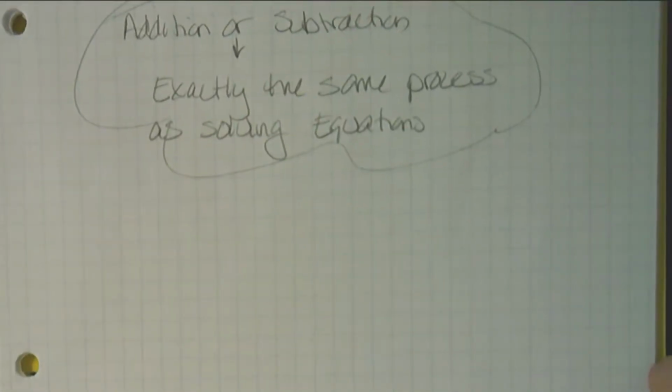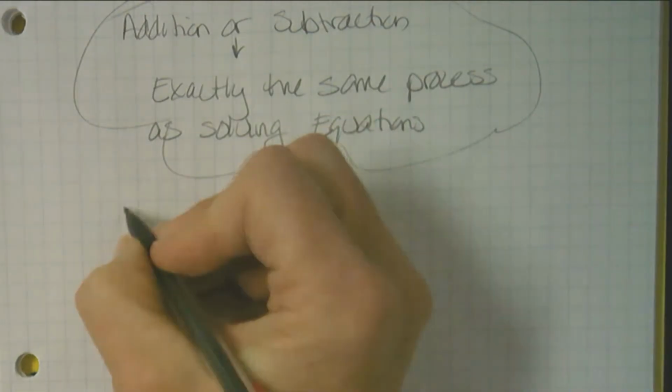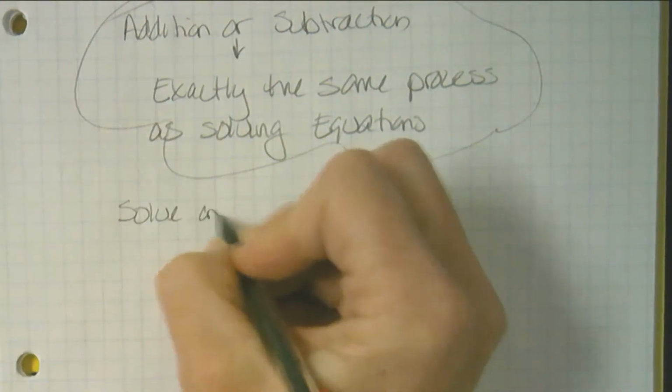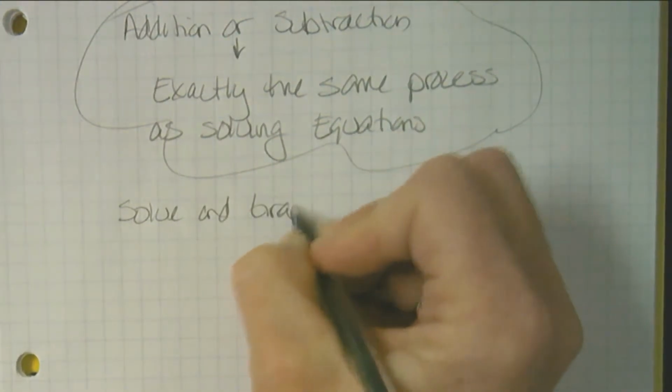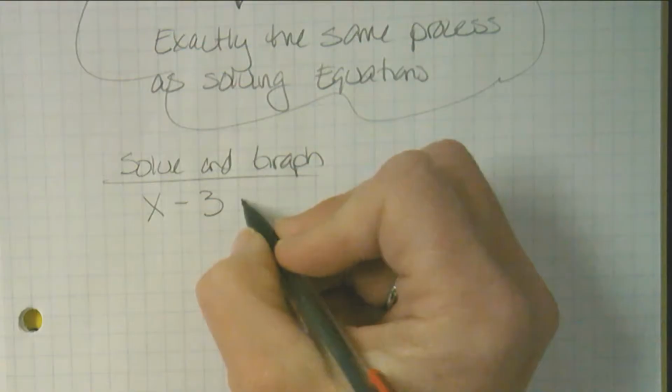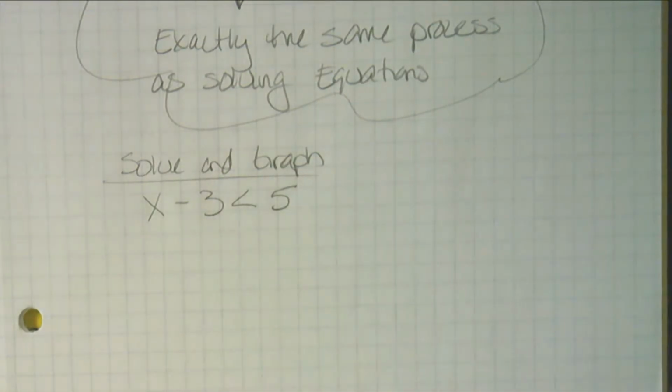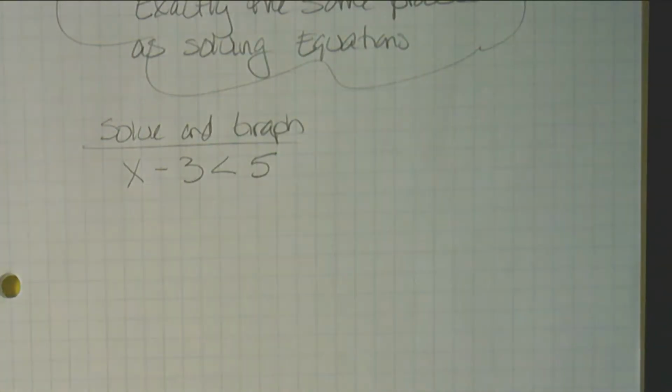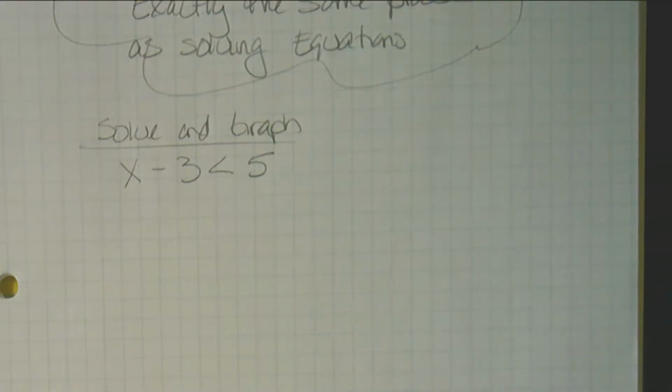All right, so I want us to solve and graph this inequality. So I have x minus 3 is less than 5. So all of you right now, solve and graph that.